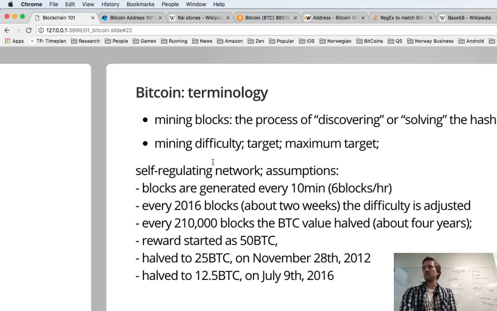It's completely random. You have to use a brute force search to find out what the puzzle solution is. And the puzzle is set up in a very simple way.